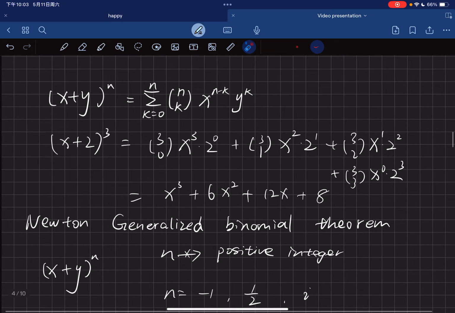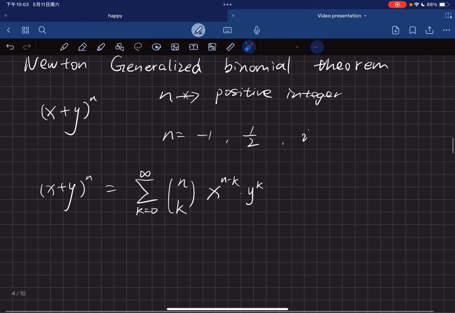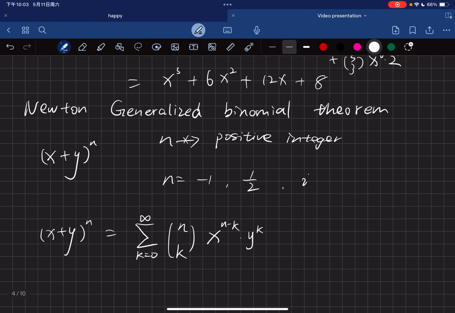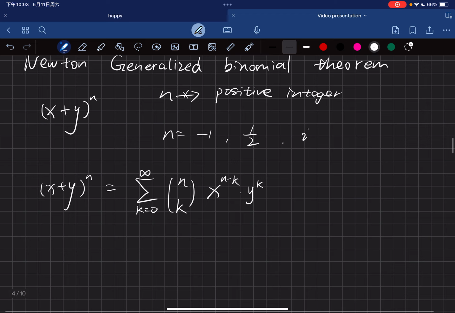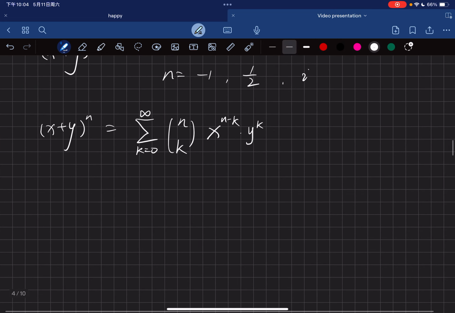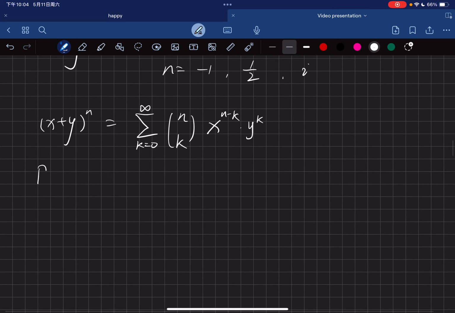And you also want to know, if n is -1 and maybe k is 2, how do we solve it? We're going to talk about that. Firstly, we're going to prove this.